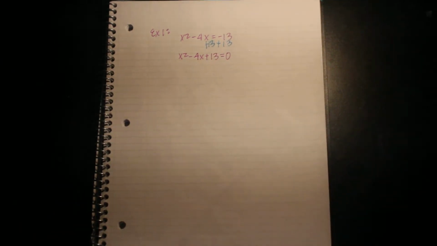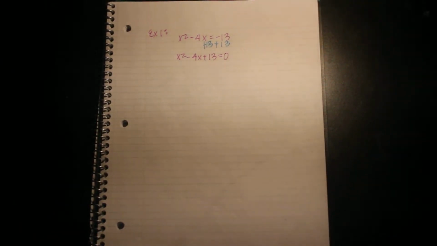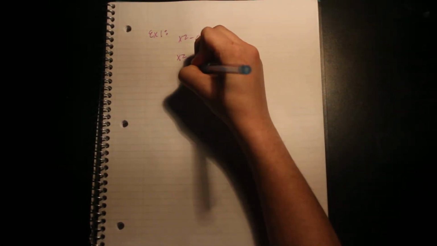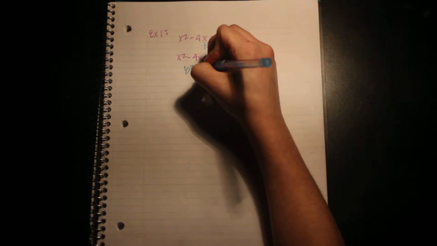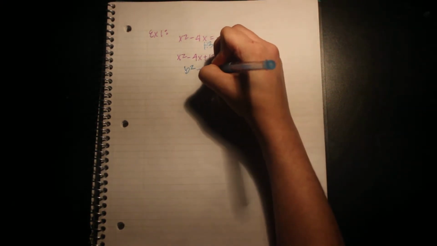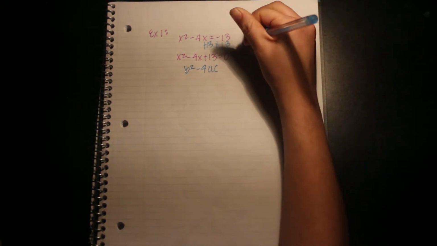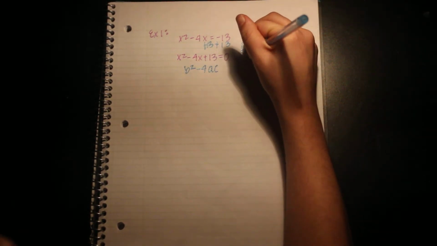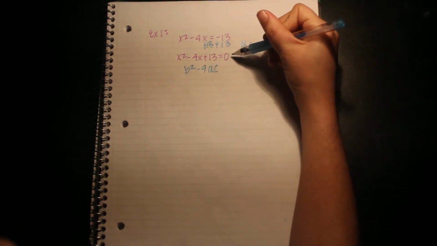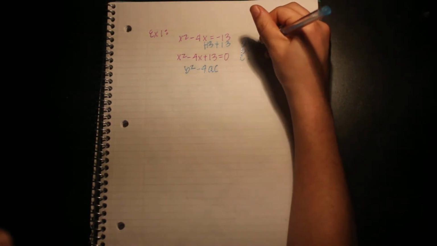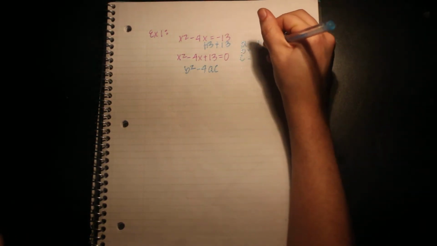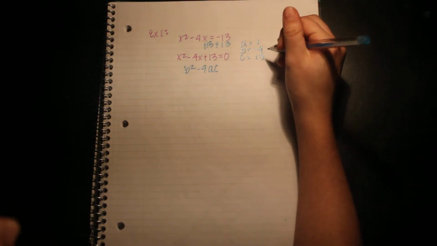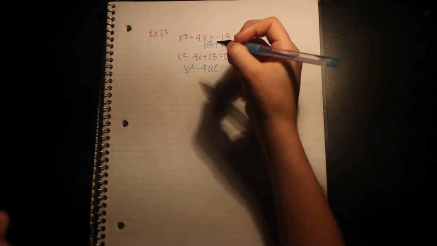Once we have put it into standard form, then we can plug it into the discriminant formula, which is b squared minus 4ac. Let's figure out what our a, b, and c are. If we look at this equation, we can tell that our a is 1, our b is negative 4, and our c is 13. Let's plug it into our formula.